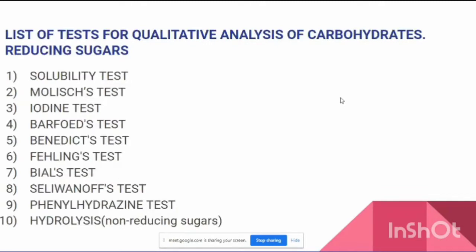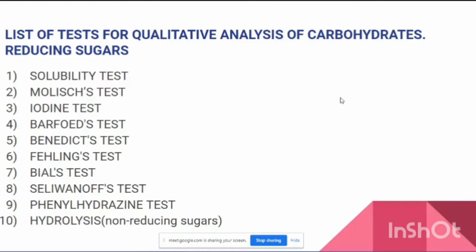So these are the list of tests used for qualitative analysis of carbohydrates. We have discussed this previously in the analysis of glucose, fructose, arabinose, maltose and so on. To find out if a particular sugar is reducing or not, we perform the first 8 experiments, and if we find in due course that it is not a reducing sugar, then we go to the 10th step, that is the hydrolysis step.